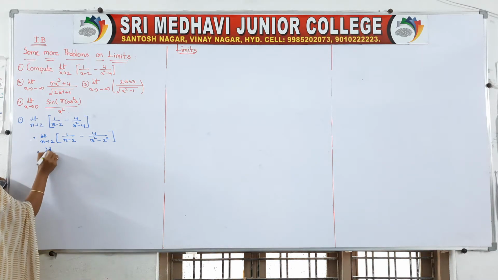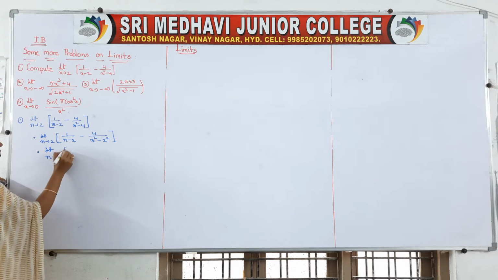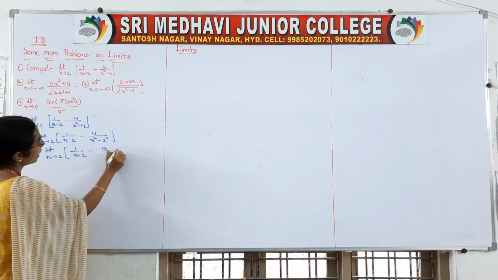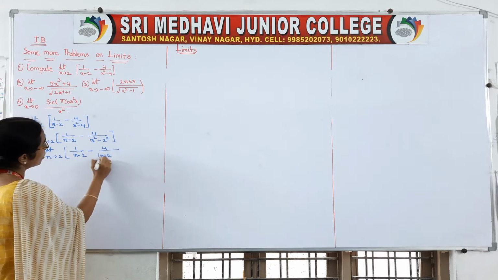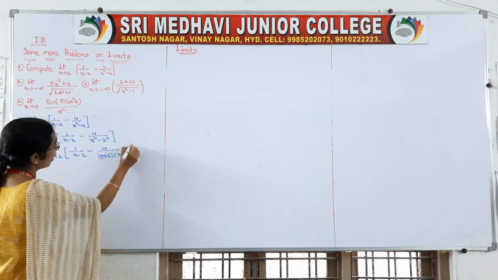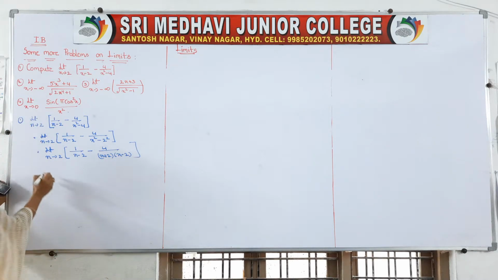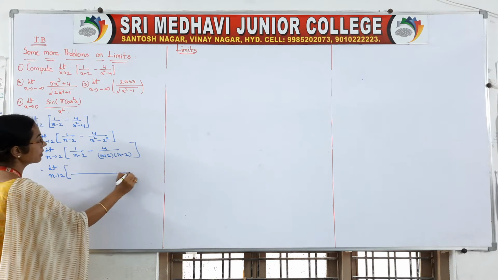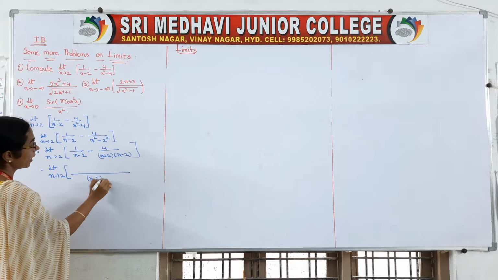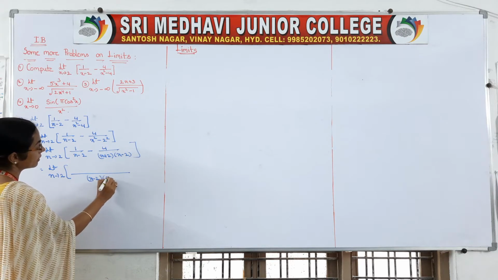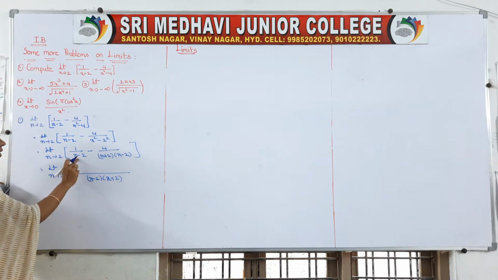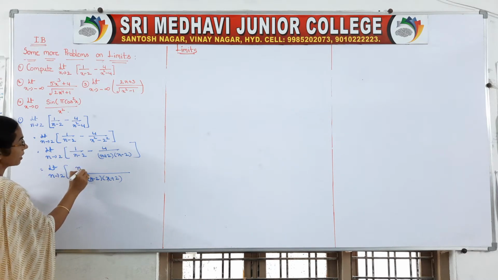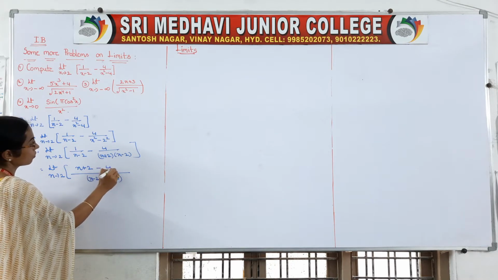So it is equal to limit x tends to 2 of 1 by (x minus 2) minus 4 by (x plus 2)(x minus 2). Taking the LCM now, (x minus 2)(x plus 2) is the LCM. Here x minus 2 is there, x plus 2 is not there, so we have to multiply 1 into (x plus 2), right, minus 4.